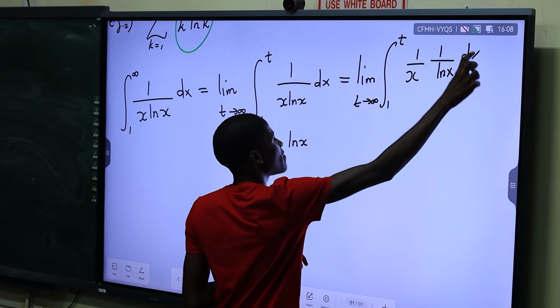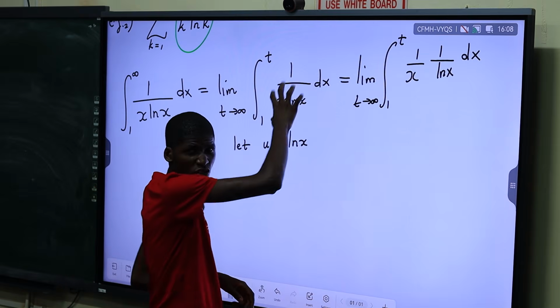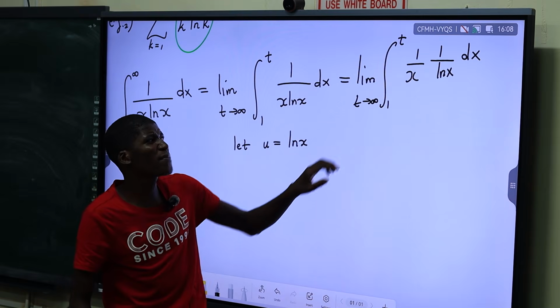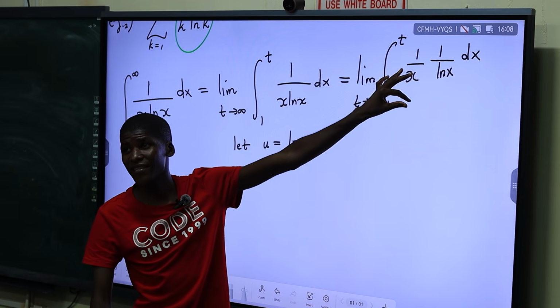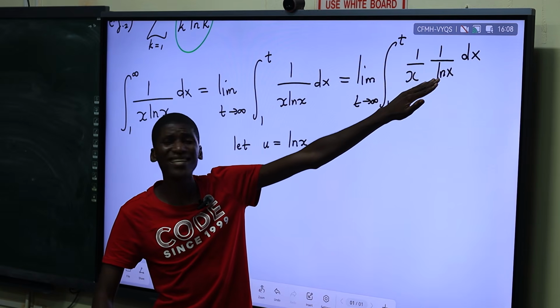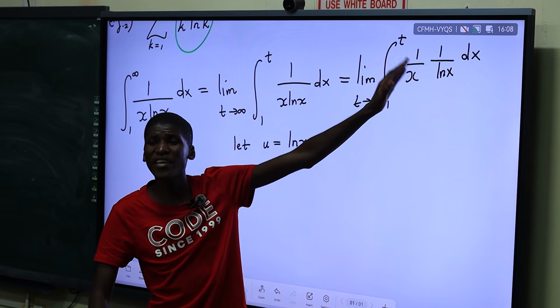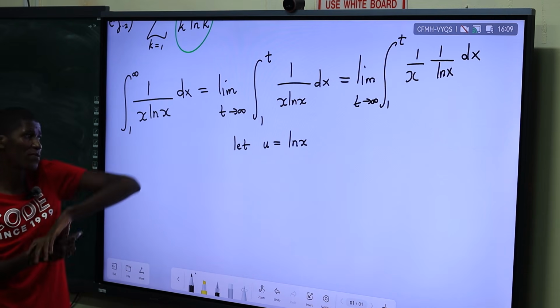It makes it simpler for you to see that you can get one part by differentiating another. You can get 1 over x by differentiating ln x, so you can apply u substitution. That's how you identify u substitution.